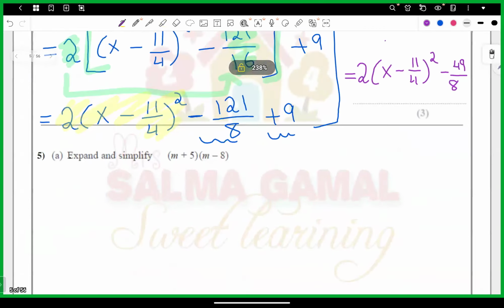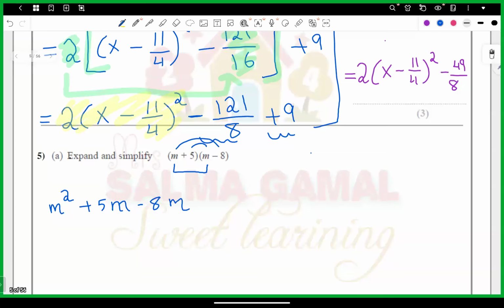If I want to make the double bracket here, m by m equals m squared, 5 by m equals 5m, minus 8 by m equals minus 8m, and then 5 by 8 equals minus 40.